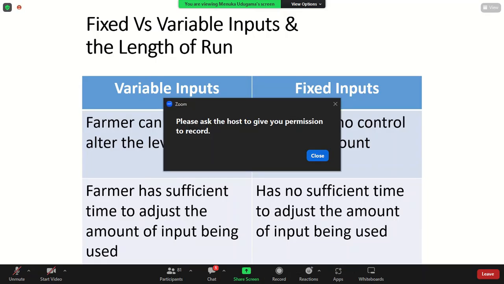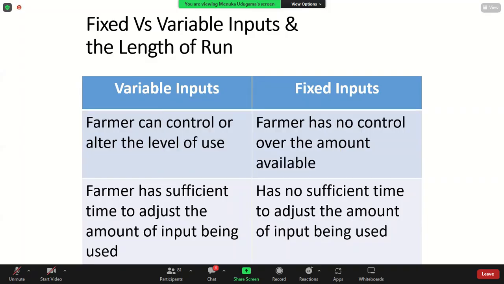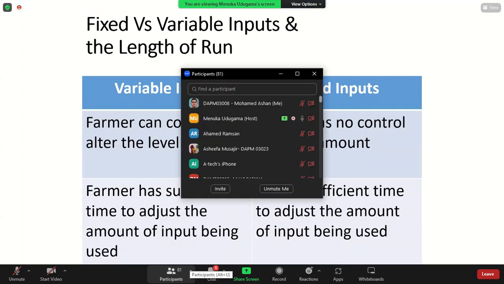So these factors you can change as you wish, right? But fixed inputs, on the other hand, are things that the farmer has no control over the amount available in the short run. For example, the land, right? Buildings. Now, if you take 1 year, within let's say 6 months, 6 months is a season, and in that season, you can change the variable inputs like labor and fertilizer and so on.